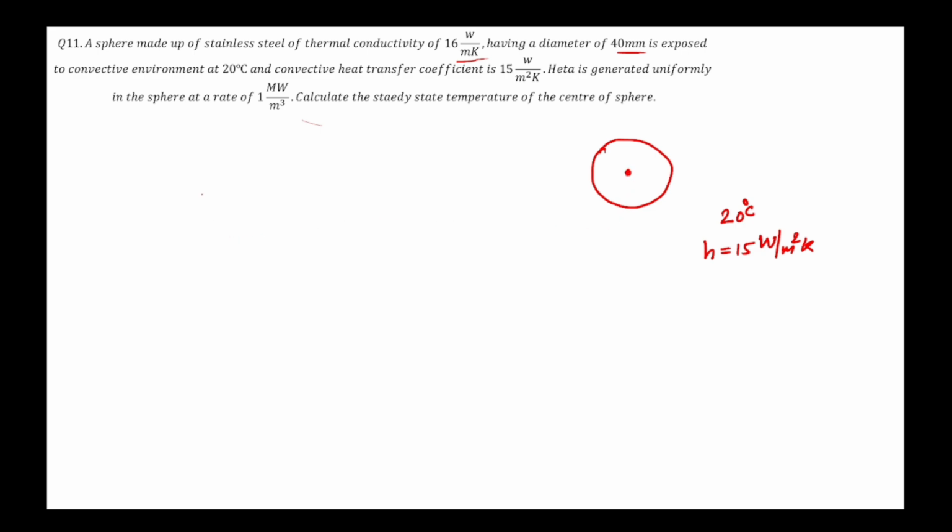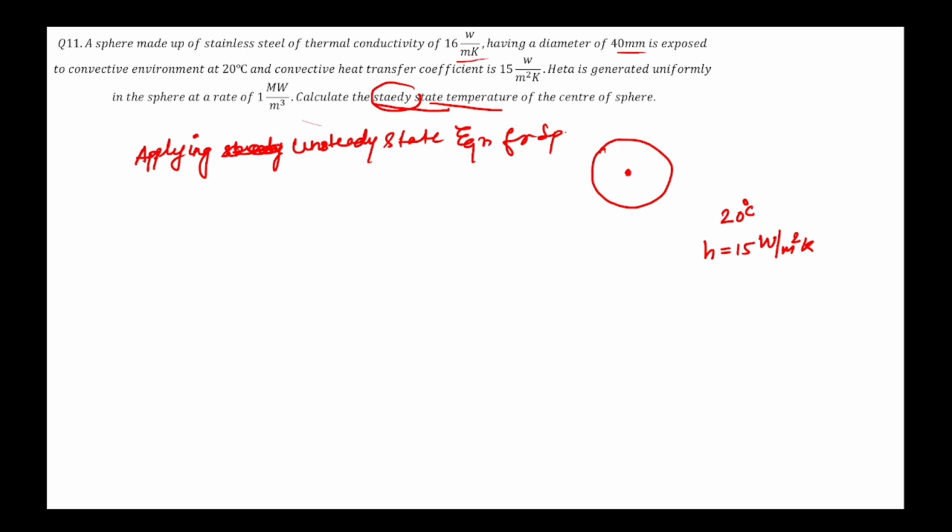So the very first thing, this is the steady state temperature, so the process is steady state. Applying the unsteady state equation for a sphere with internal heat generation.